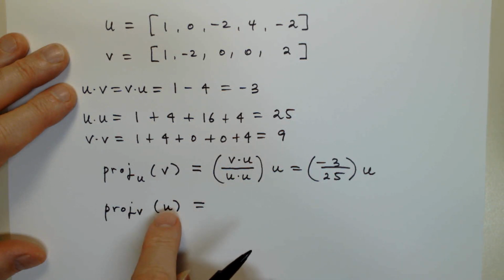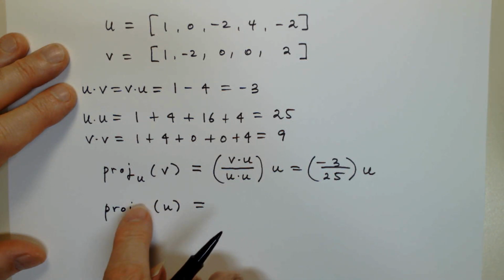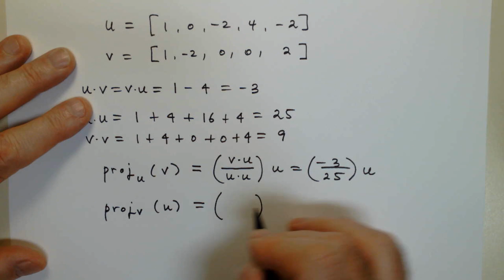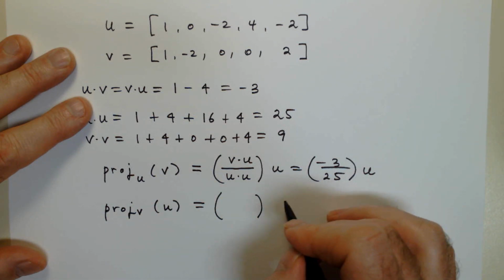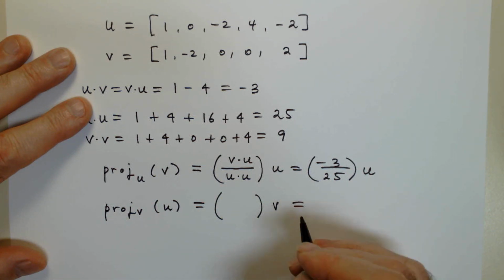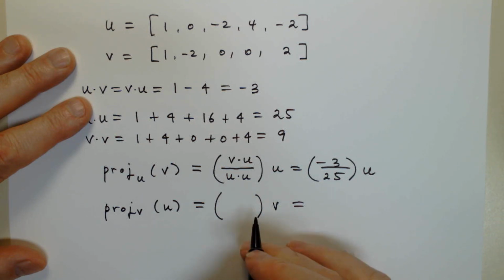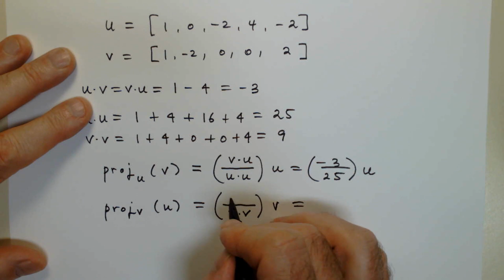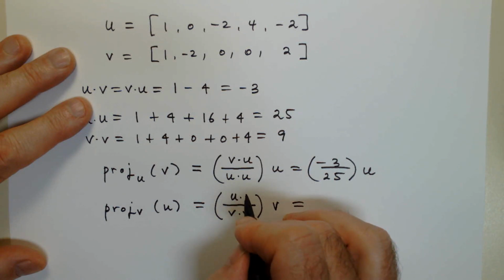So now we're thinking of this as the vector whose shadow is being cast onto the vector v. And so we know that this is going to be a scalar times the vector v. And in this case, the denominator is v dot v, and the numerator is u dot v.